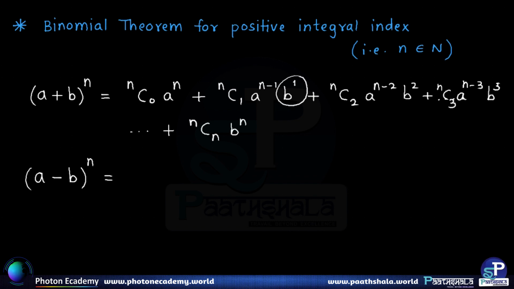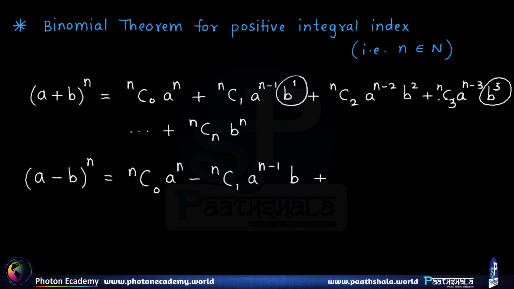So whenever we have odd powers of B, all those terms will become negative. Therefore we have alternate terms, positive and negative, in the expansion of (A minus B) raised to n. So here are a couple of terms I am writing for our reference.